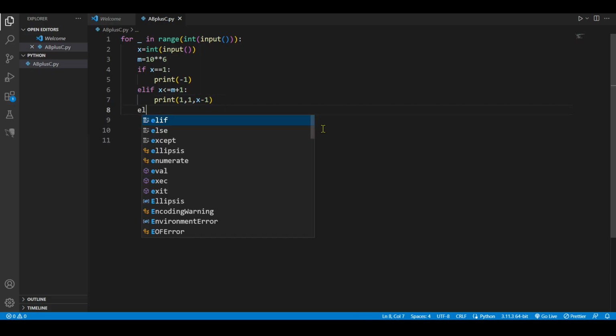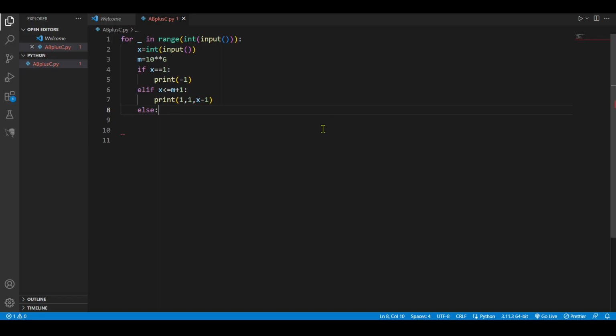And in the next case, when it is greater than this value 10 to the power 6 plus 1, in that case I am going to check if x is divisible by 10 to the power 6, that is m, or not. If it is divisible, then my answer will be like this.